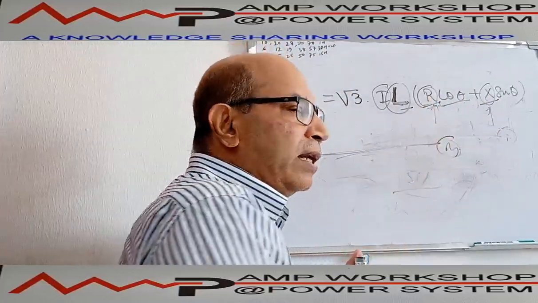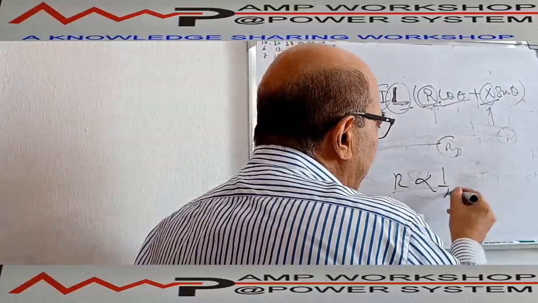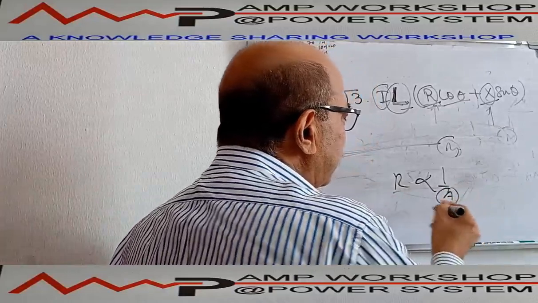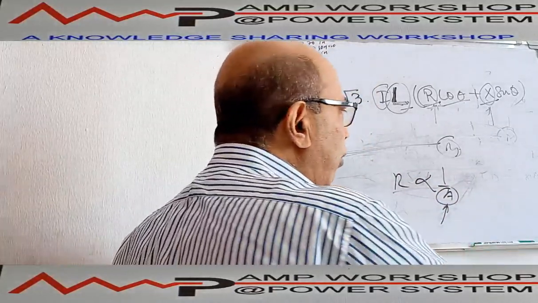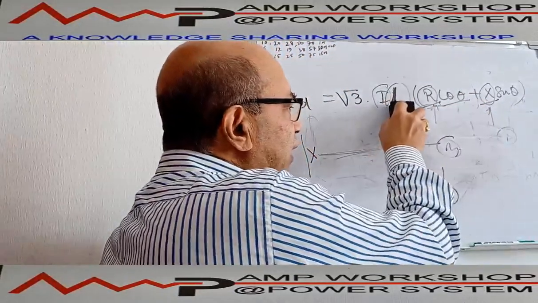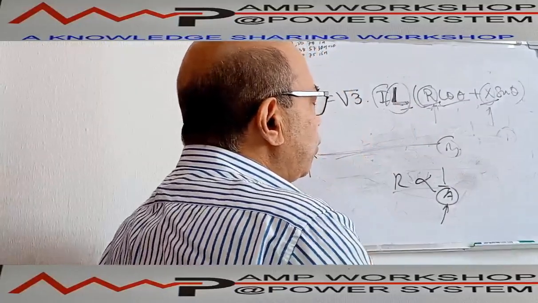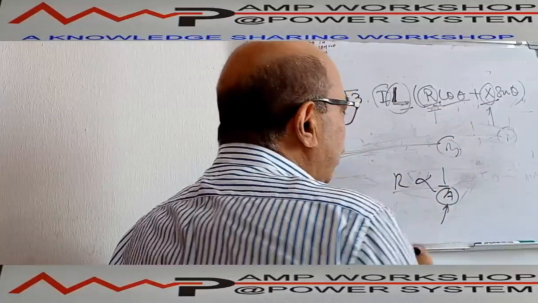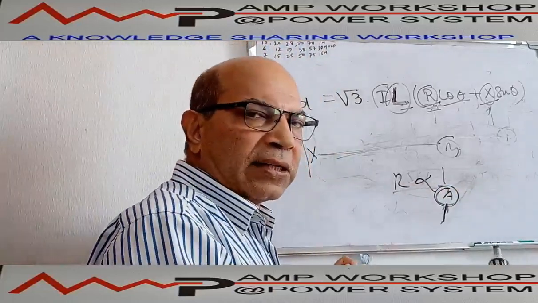How can I reduce R? We know resistance of a conductor is inversely proportional to the cross section area. That means if I increase the cross section area, then resistance will reduce. We have already selected the cross section area based on the full load current. Now the full load current is fixed, we cannot change it. Now we have to increase the cross section area to get the required voltage drop. So we go to the next higher size cross section area.